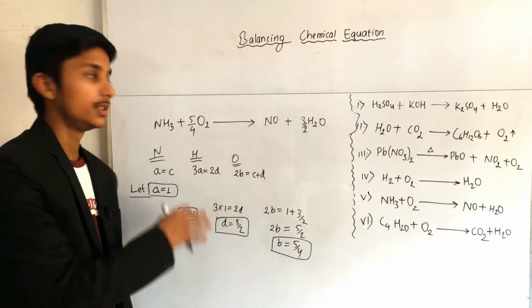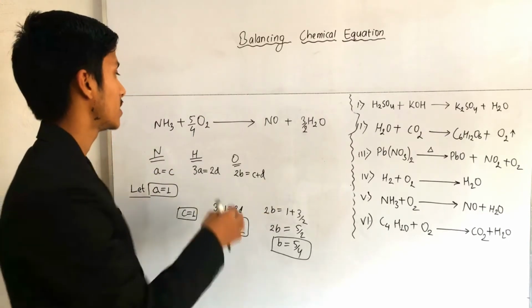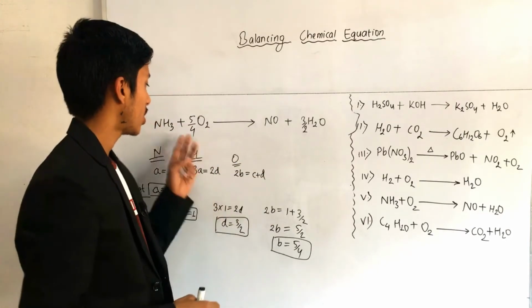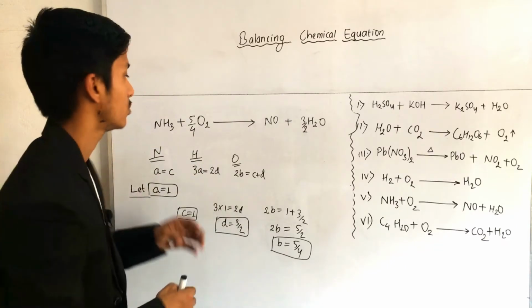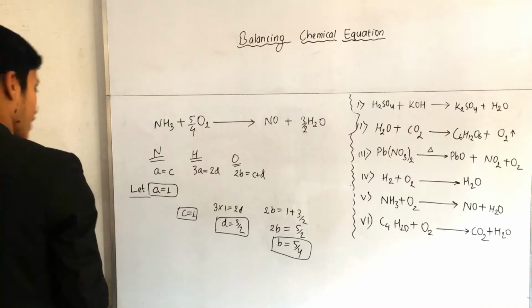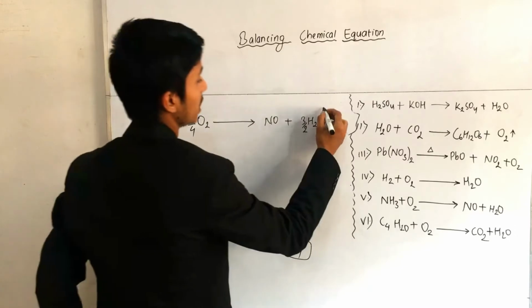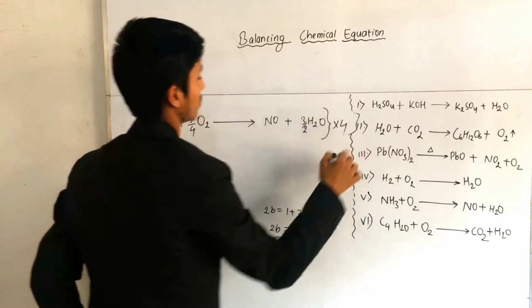To convert this fraction into a whole number, we need to multiply this equation by 4, so that it will be converted into whole numbers. We multiply this equation by 4.